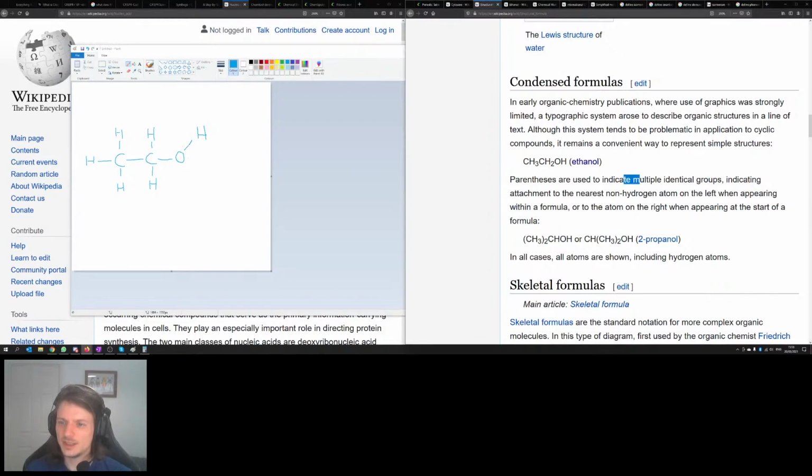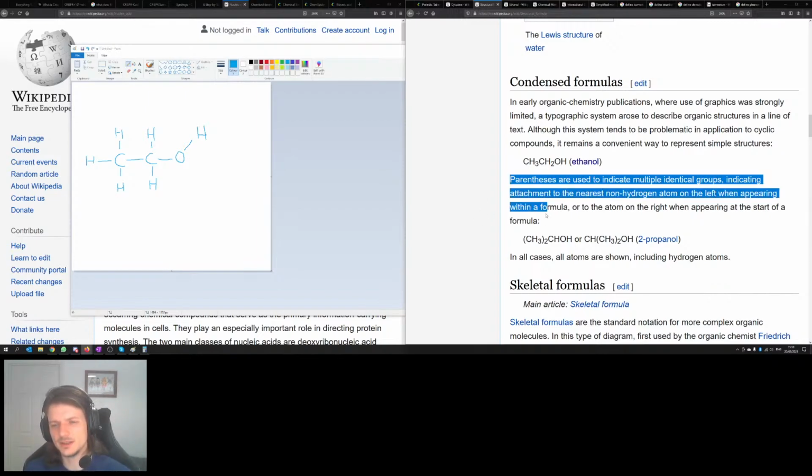Parentheses are used to indicate multiple identical groups, indicating attachment to the nearest non-hydrogen atom on the left when appearing within a formula, or to the atom on the right when appearing at the start of a formula.